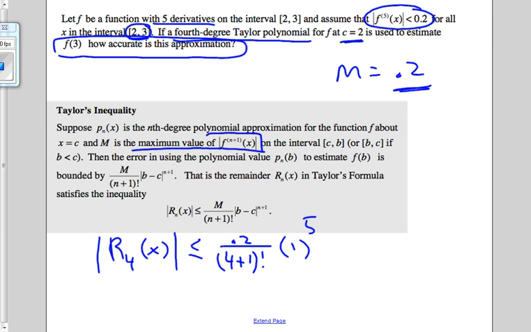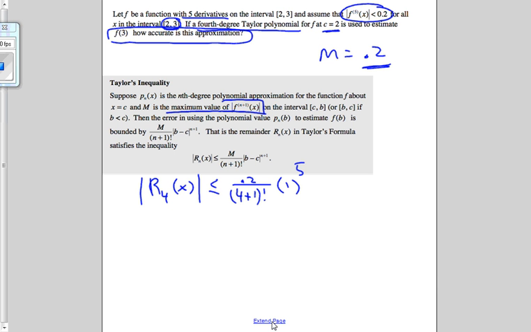With further simplification, we get that my fourth degree polynomial approximation will have an error of less than or equal to 0.2 over 5 factorial. And what does that equal?